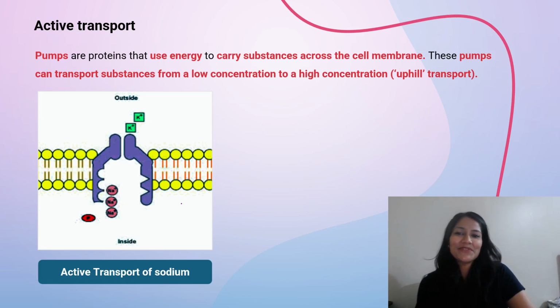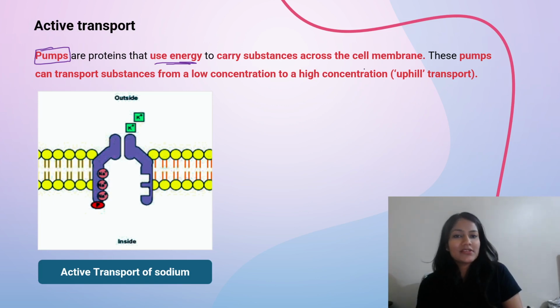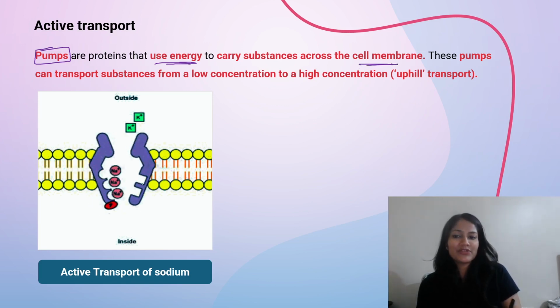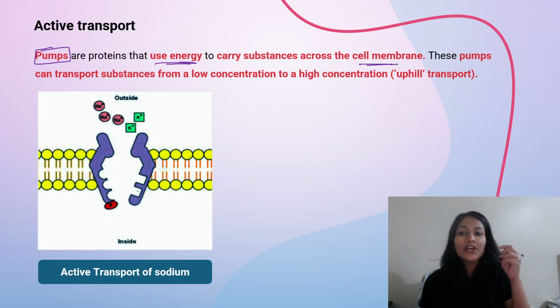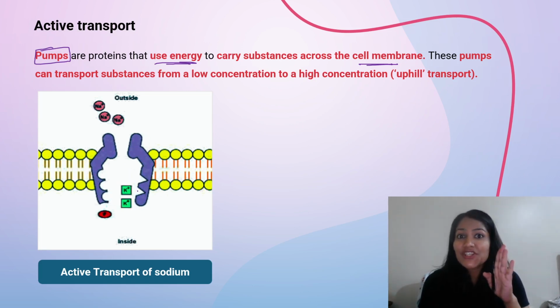Moving forward to the next one. The pumps are proteins that use energy. So whenever we use the word pump, it means there is use of energy to carry substances across the cell membrane. So this is your sodium potassium pump, as you can see over here. This sodium potassium pump is going to transport the molecules against the concentration gradient.